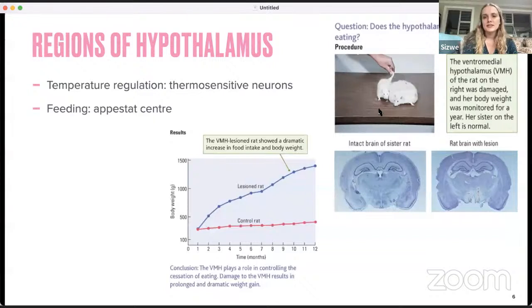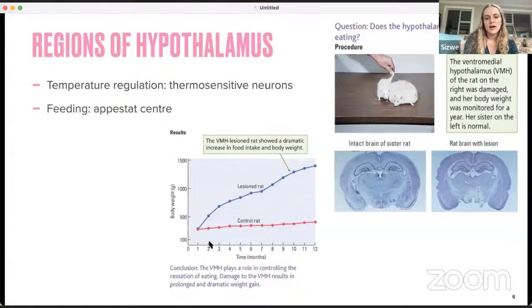You can see here they did an experiment where they took a rat and a sister rat, and they basically put a lesion. It says here the ventromedial hypothalamus of the rat on the right was damaged on purpose because this was an experiment, animal testing, all that stuff. Her body weight was monitored for a year, and we can see what happens.